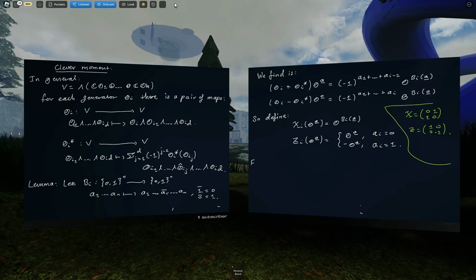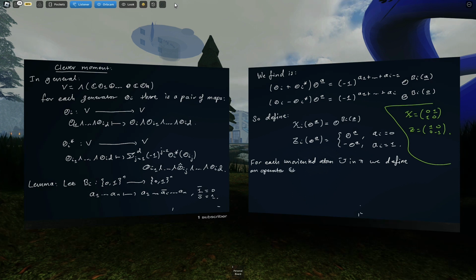Okay, so let's do that. For each unoriented atom U in pi, we define an operator theta sub U on H pi, which renders the following diagram commutative.